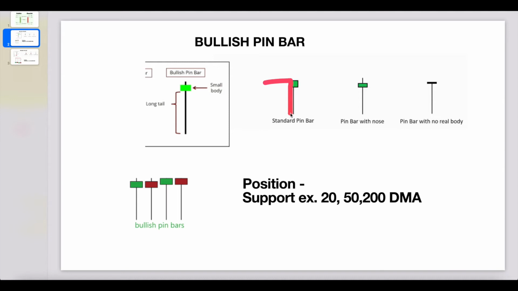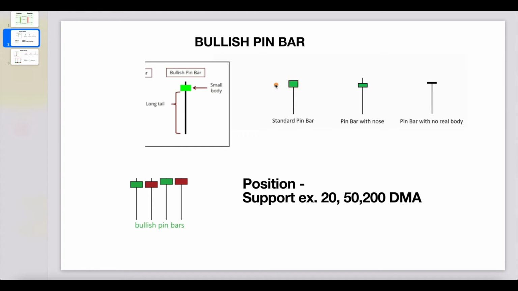But at a certain level, the buyer came with full strength, the bull took power, and pushed the price up and up, and gave a closing over here a little bit higher. It opened over here, went down, and they pushed it back to a higher level and made a green body over here.